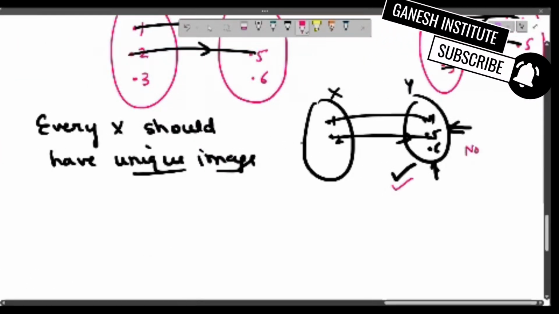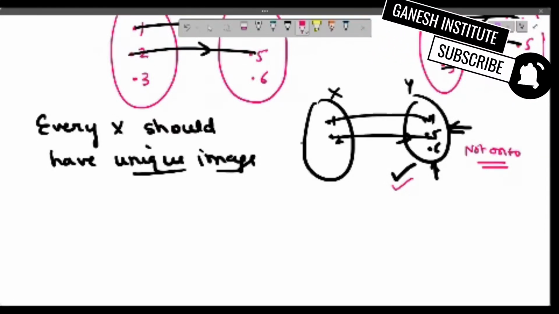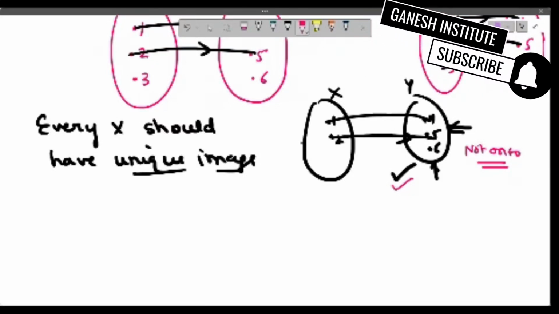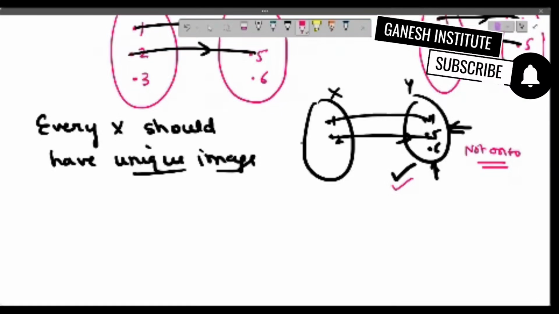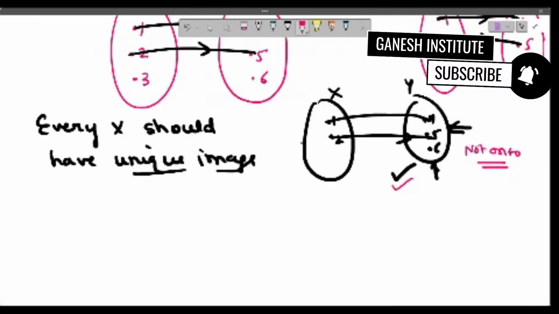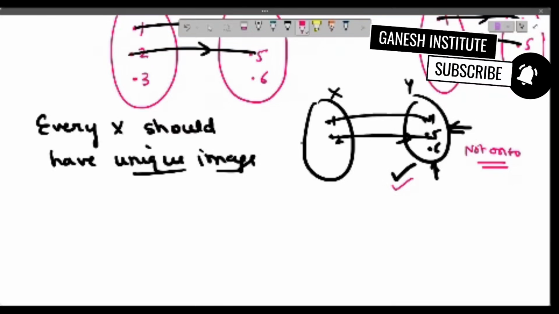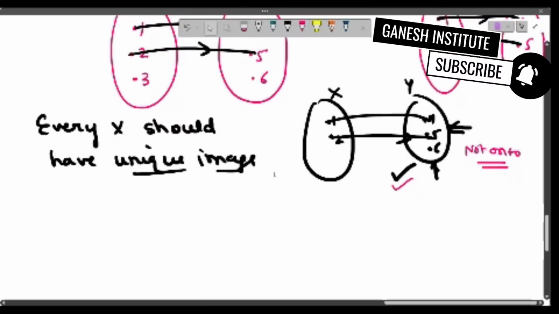But this is not onto. For being onto, every single y component must have its preimage. Whatever you have in y, the codomain set, it must be the range. When codomain becomes range, it becomes onto. Does this make sense?